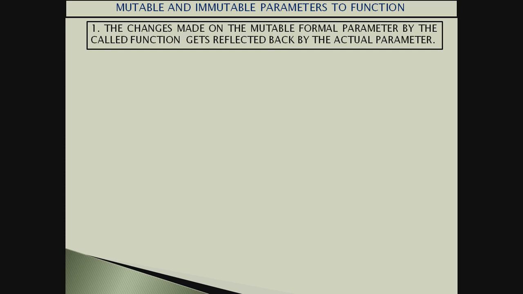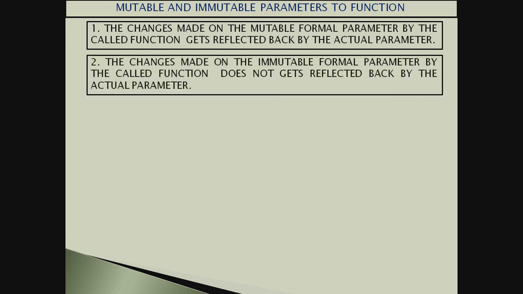Let us see. It is written here, the changes made on the mutable formal parameter by the called function get reflected back by the actual parameter. Now, the changes made on the immutable formal parameter by the called function do not get reflected back by the actual parameter.